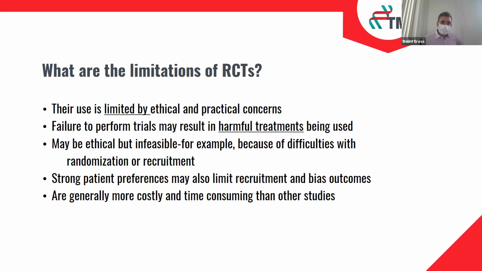Strong patient preferences may also limit recruitment and bias outcomes, such as, let's say, you are carrying out a trial which involves transfusion, and in those trials, you would not be able to include Jehovah's Witnesses. And if there's a population where there are far too many Jehovah's Witnesses, then you are not able to do it because the patient's preferences would preclude carrying out that trial effectively.